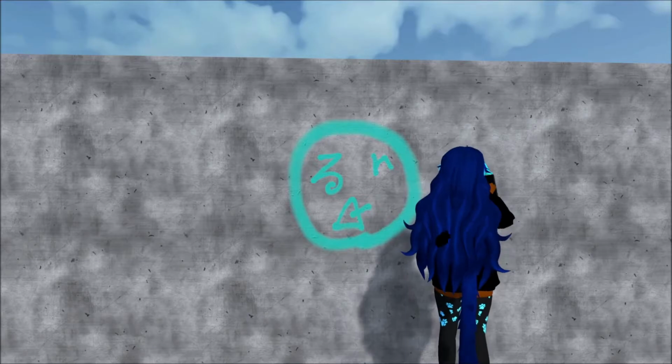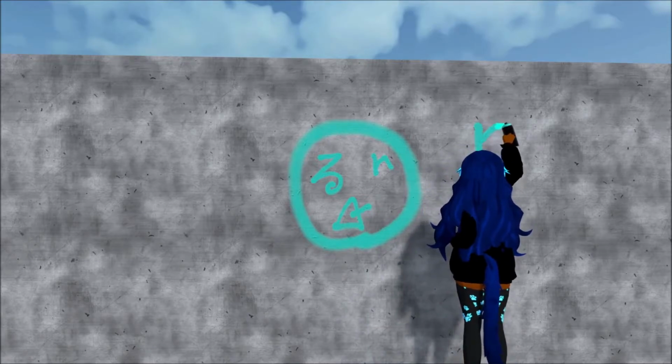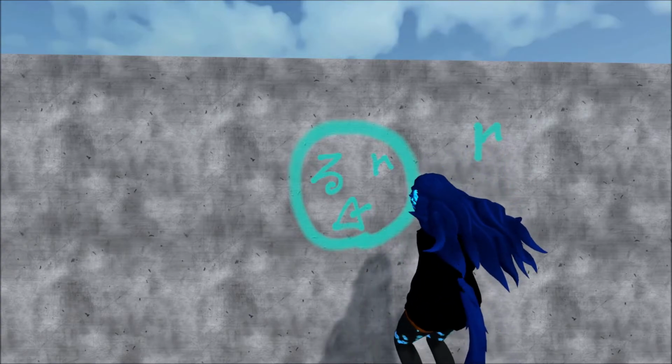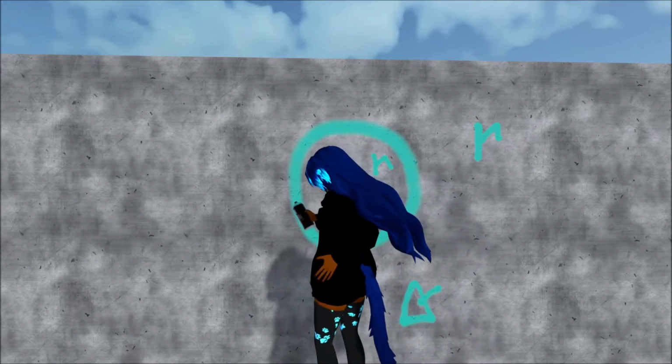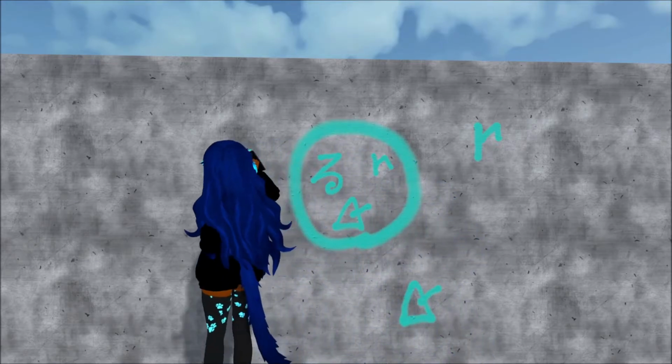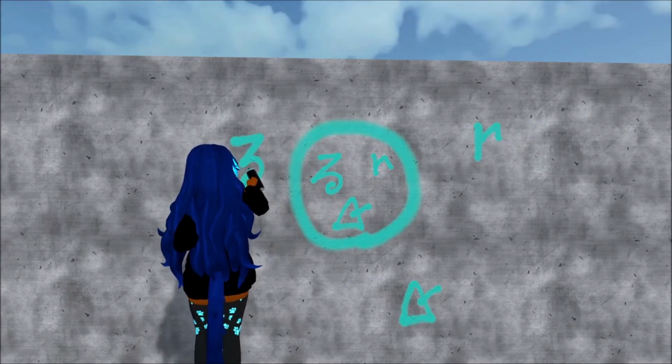So if I come over here and I replicate this sigil, I come down here and replicate this sigil, I come over here, if I don't hit anything, and I replicate this sigil.